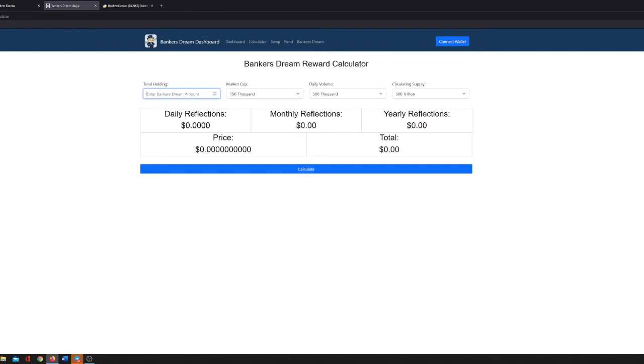Or you can just play around and see at what wallet size you are reaching your desired BUSD rewards. Just always keep in mind they are mainly dependent on the daily volume.